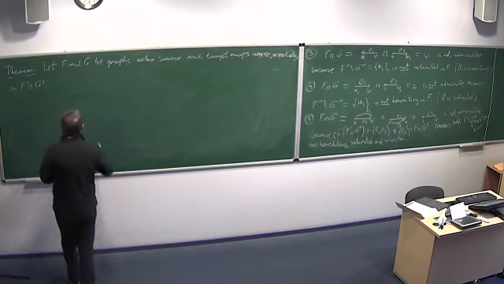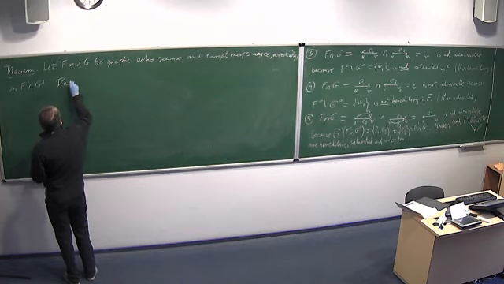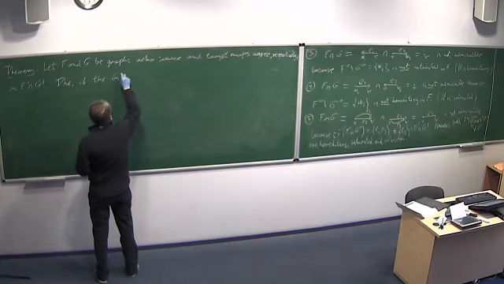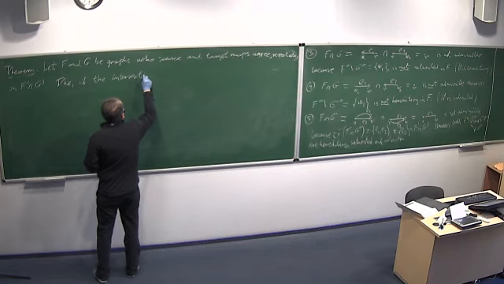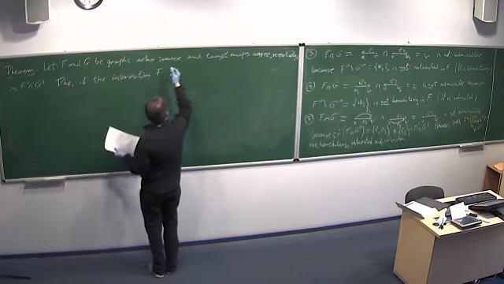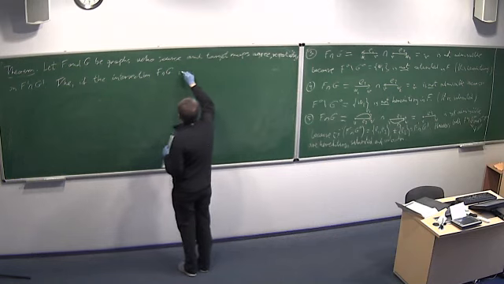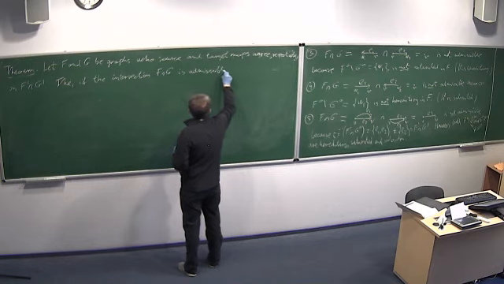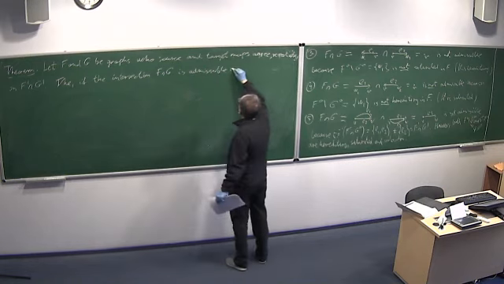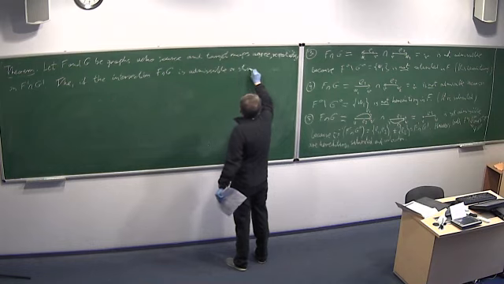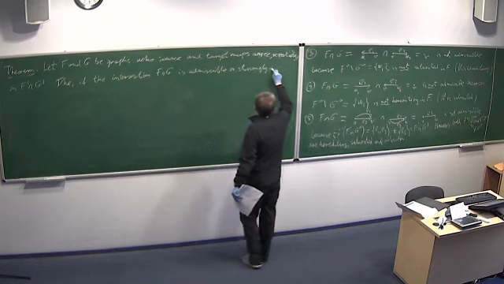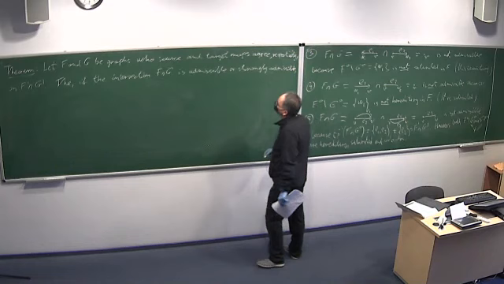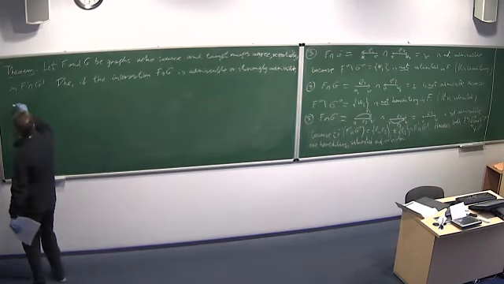Okay, and then if the intersection, which exists, is admissible, or strongly admissible, respectively, so is the union.